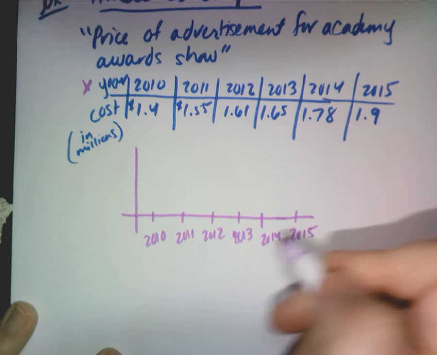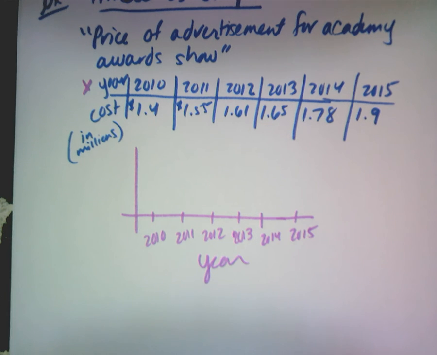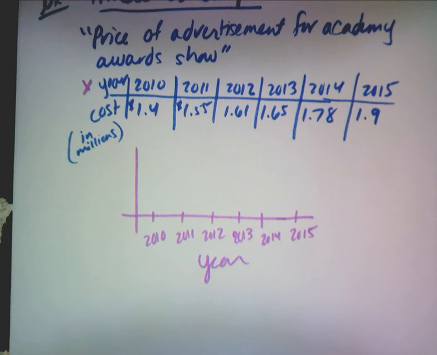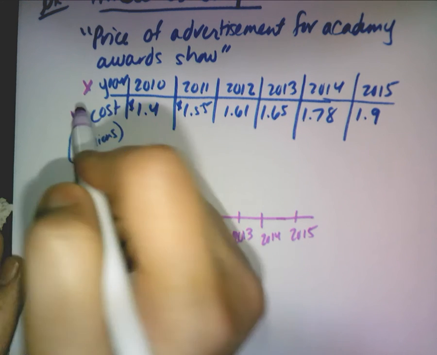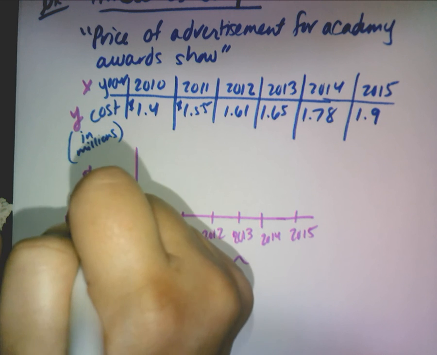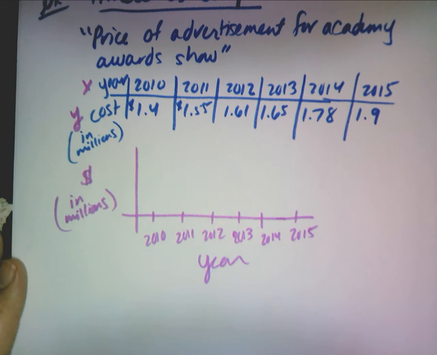It's up to you, but label this year. Along my y-axis would be the what? The cost, yes. And then always label, money in millions. You would definitely want to know, we're not spending $1.40 for a commercial, for an advertisement.